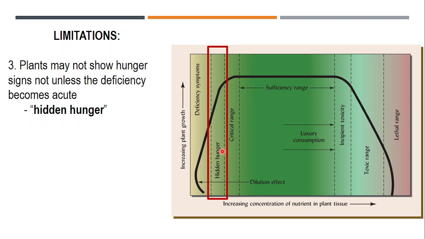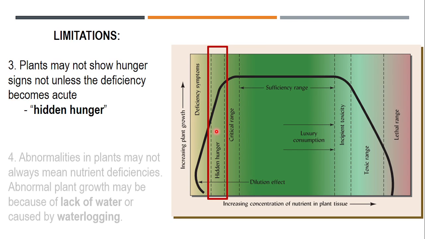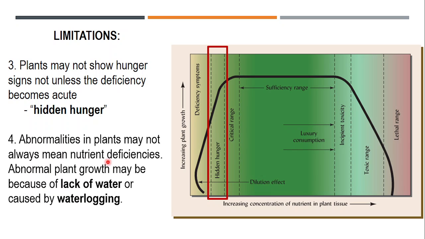So, meron yung mga instances na hanggang dito lang yung effect ng nutrient levels. Ang magiging result niyan, the plant will not reach its optimum growth kasi may kulang pala na nutrients.